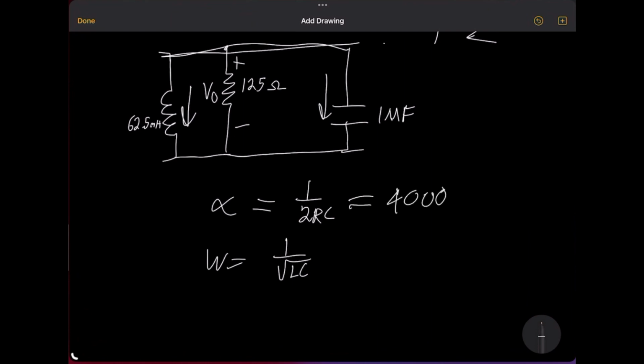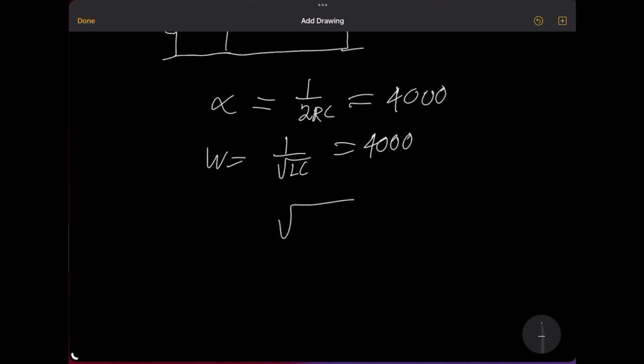And omega naught is going to be square root of L, 0.0625, times capacitance, 1 times 10 raised to the negative 6. This is also 4,000. Oh, goody. So it's going to be 0 under this root.